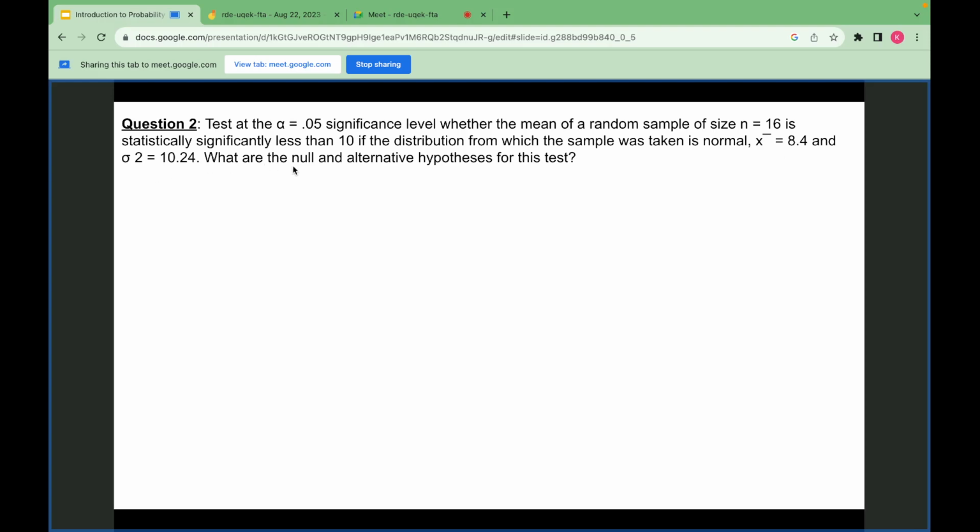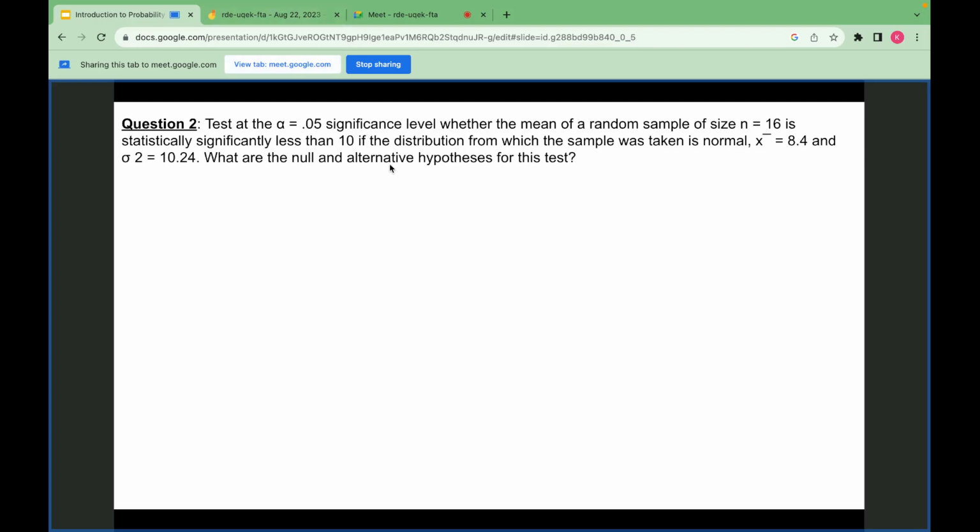What should be the null and alternate hypothesis for this test? So you are given this problem. Can any one of you tell me what will be the null hypothesis and what will be the alternative hypothesis for this question?